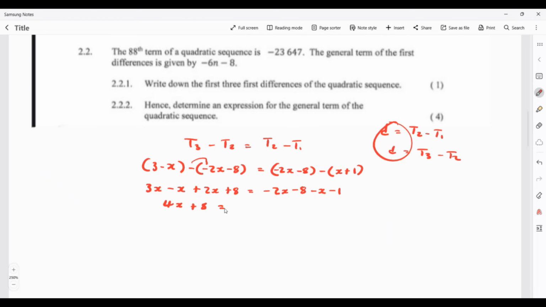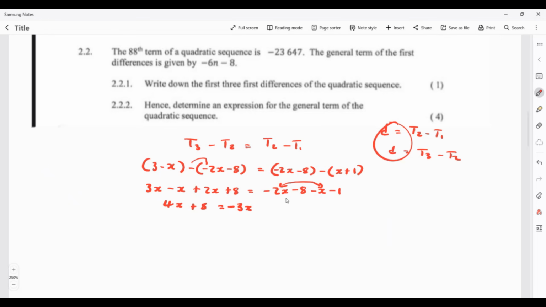That's equal to, what do I get this side? This side I'm going to have negative 3x, because it's negative 2x and negative x, and it gives me negative 3x.